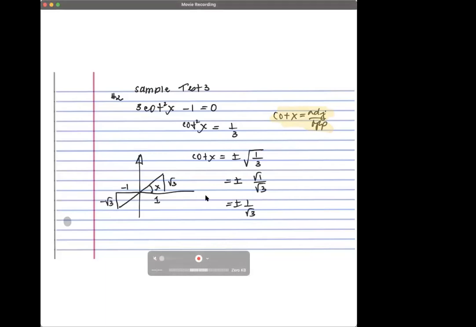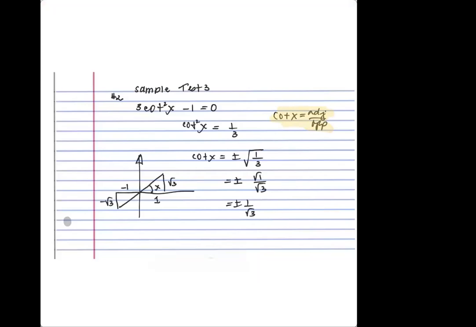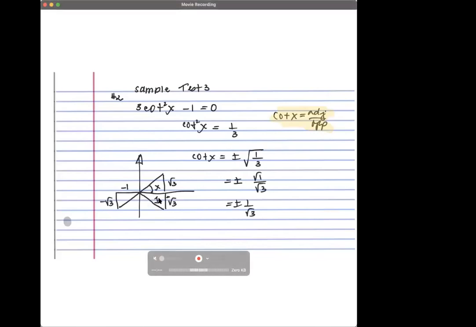The reason why is that if you take the adjacent over the opposite, you're still going to get positive 1 over root 3. But it can also happen in the fourth quadrant, still root 3, but this will be negative, and the adjacent is 1. That'll give us the case where we have -1 over root 3.